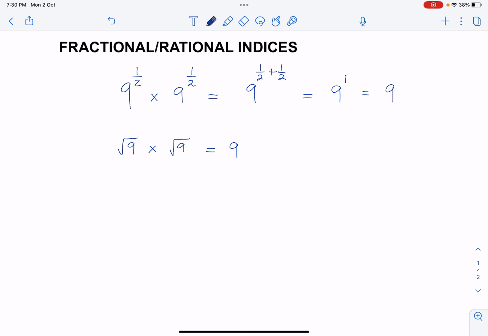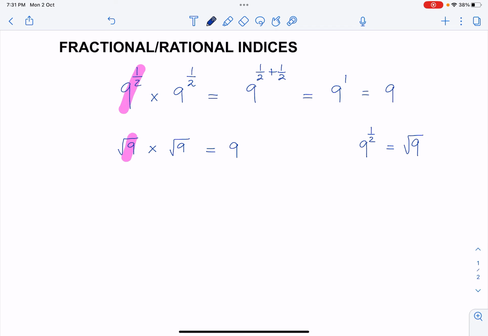So both forms give us the same answer, which is 9. So we can conclude that square root of 9 and 9 power a half mean the same thing. Basically if I write 9 power a half, this means square root of 9.